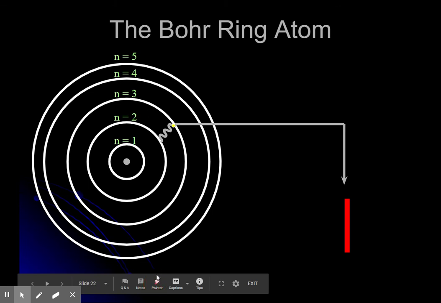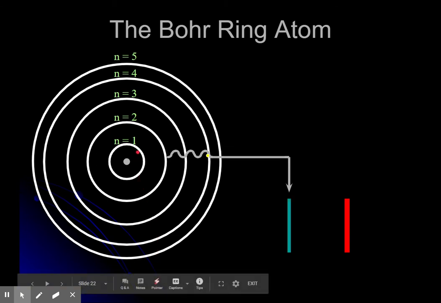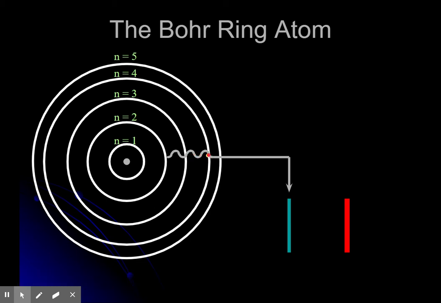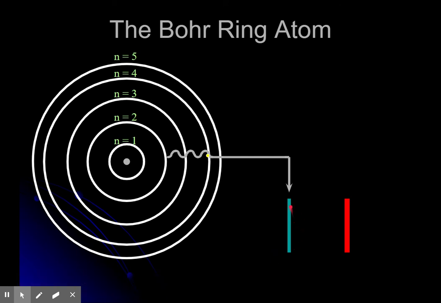Now, say in another atom we have an electron that absorbs 1, 2, 3 photons of energy, and when that excited electron drops back down, it gives off 1, 2 photons. It's going to give off energy with a wavelength that corresponds to this teal color, so 550, somewhere around in there.